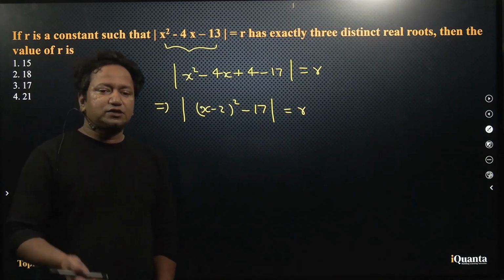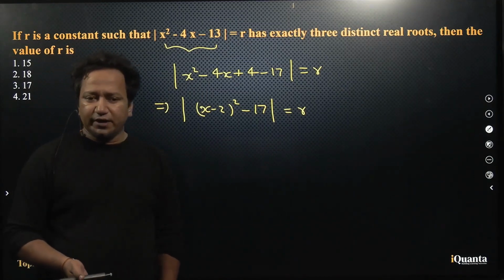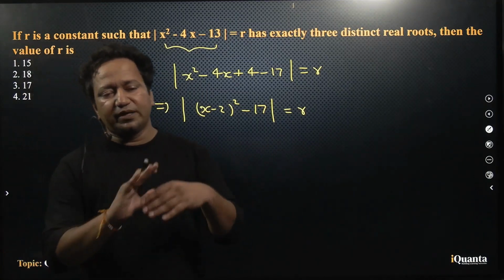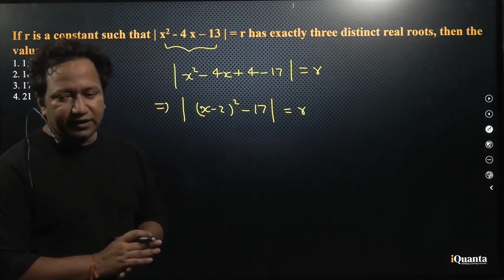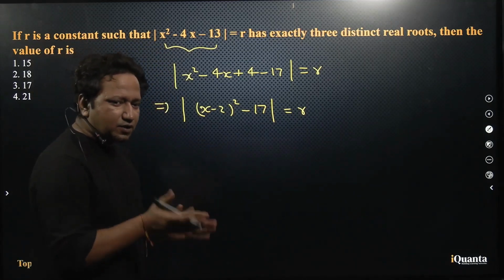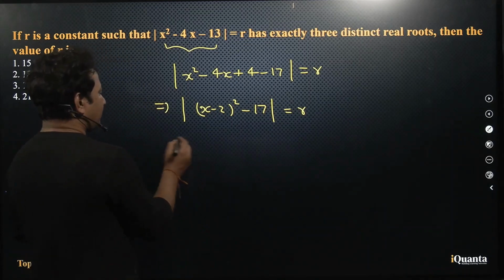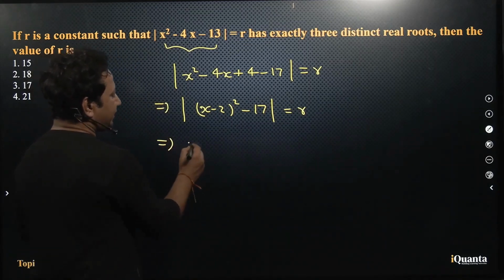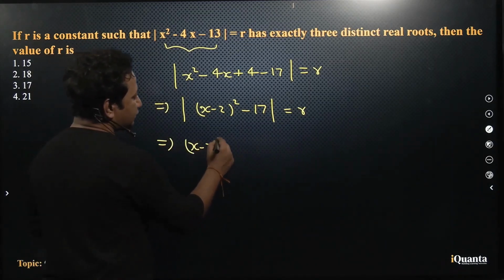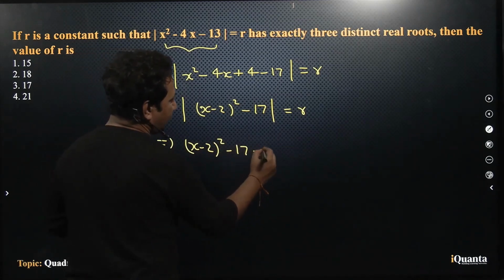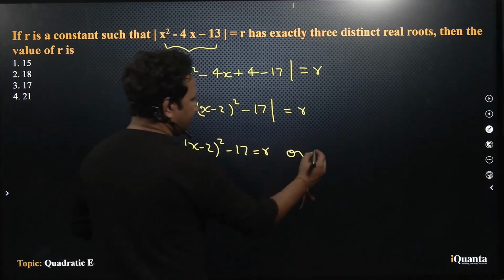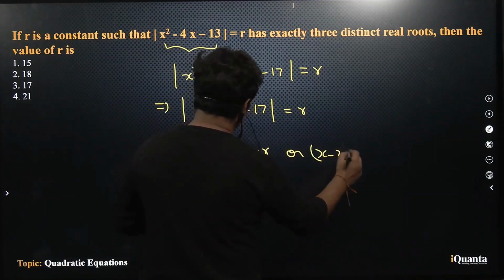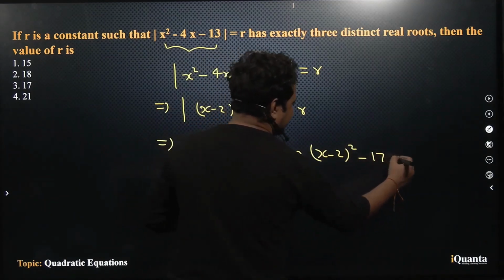Now there are two ways to solve this question. One way is the conventional approach, where we open the mod and equate it, and the other way is graphical. So let us solve it conventionally first of all. If I open the mod, I'll get x minus 2 whole square minus 17 is equal to r, or at the same time x minus 2 whole square minus 17 is equal to minus r.